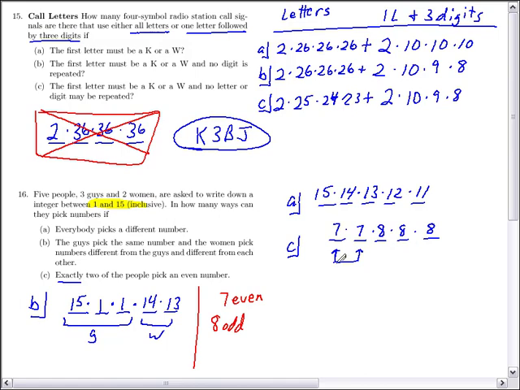I could have made the first person and the third person, first person and the fourth person, first person and the fifth person. So in other words, where these arrows are pointing up, those are the 2 people that are going to pick the even numbers. I could have also had the second person and the third person pick even. So I have to look at this and figure out all the different ways that 2 of those people, in other words, which 2 people could pick even numbers.